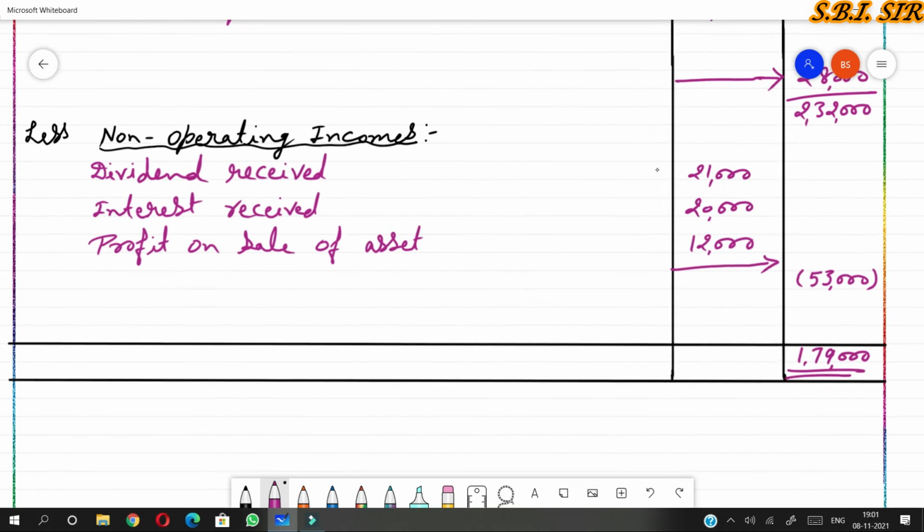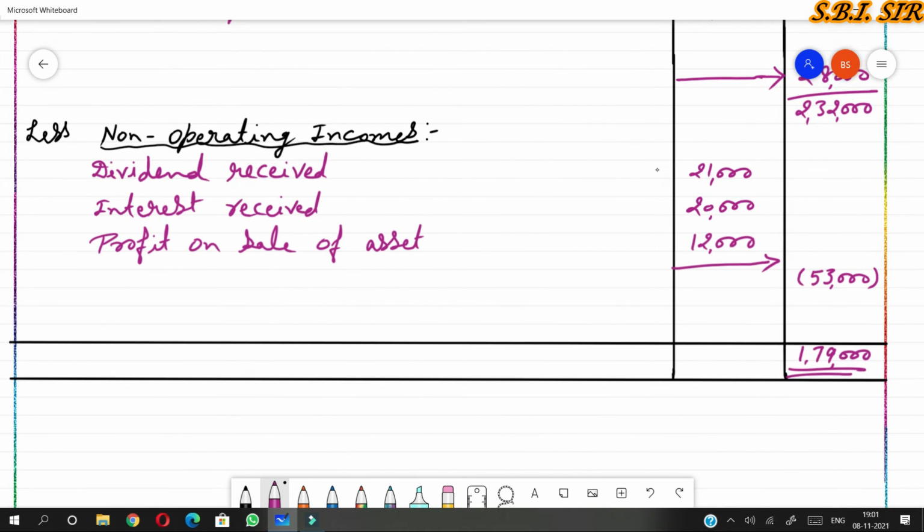Then it is operating profit before changes in working capital.